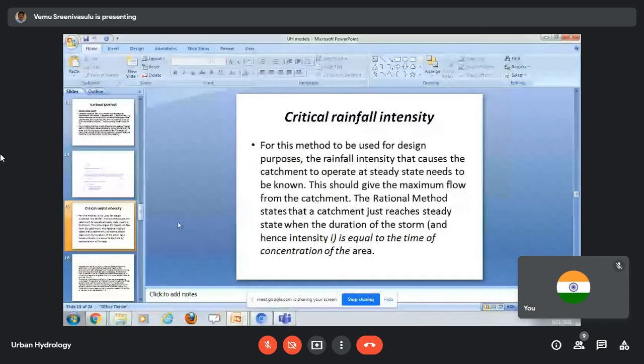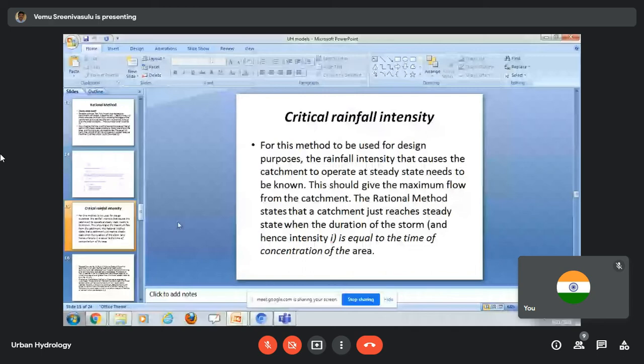Intensity to be used for design purposes: the rainfall intensity that causes the catchment to operate at steady state needs to be known. This should give the maximum flow from the catchment, which reaches a steady state at the time of concentration of the area. What does that mean?